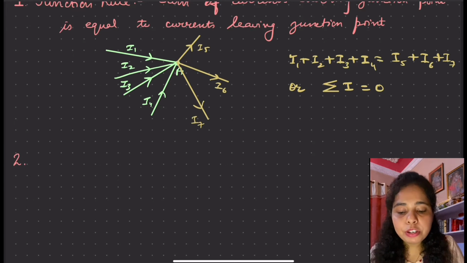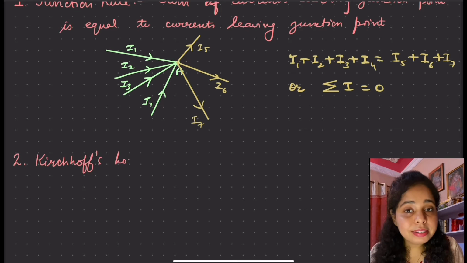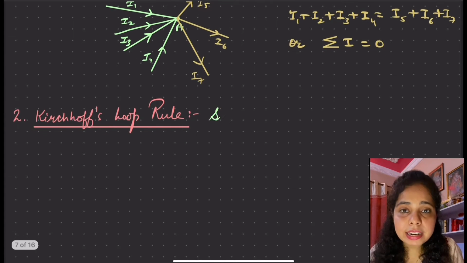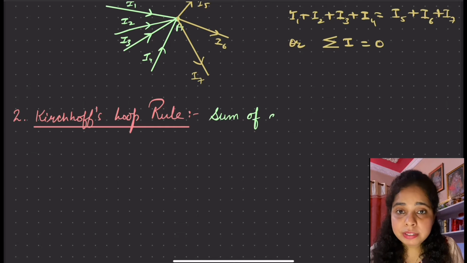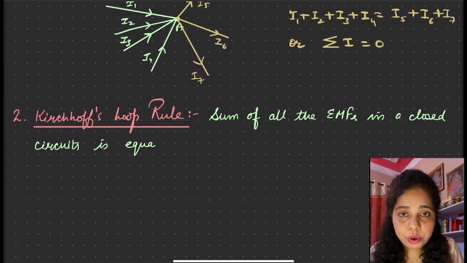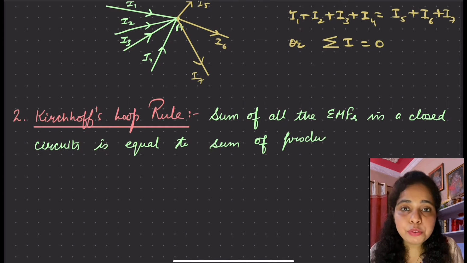And the second rule of Kirchhoff is called Kirchhoff's loop rule. In this rule, we say that if we have a closed electrical circuit, such that there are various sources of EMFs connected in this circuit, and a number of resistors through which different currents are flowing, then according to this second rule, the sum of all the EMFs present in the circuit is equal to the sum of the products of resistances and their respective currents flowing through them.